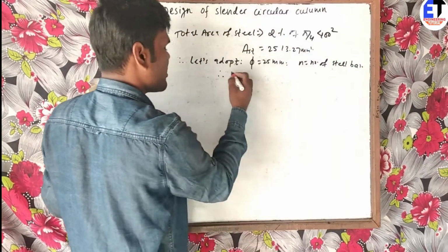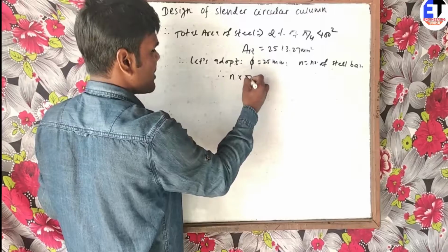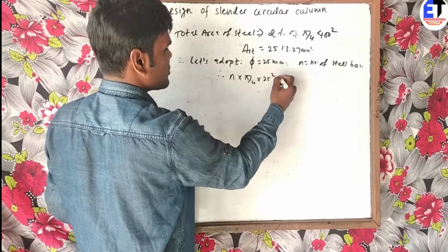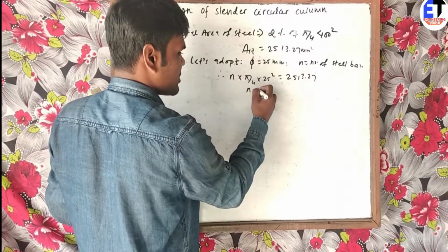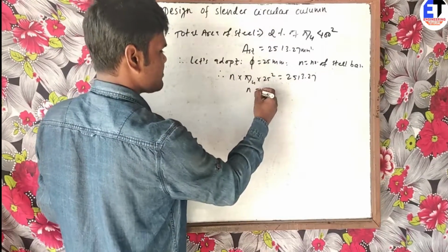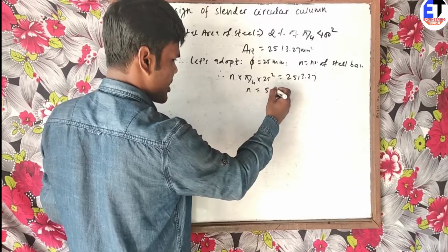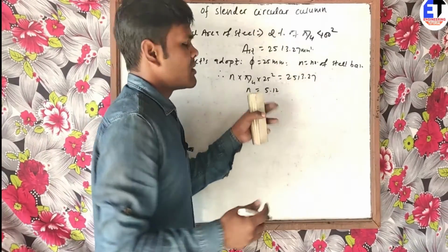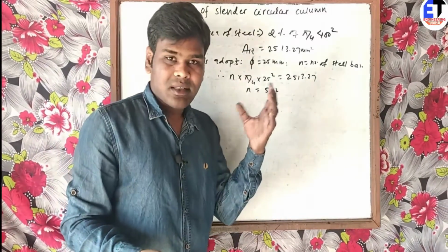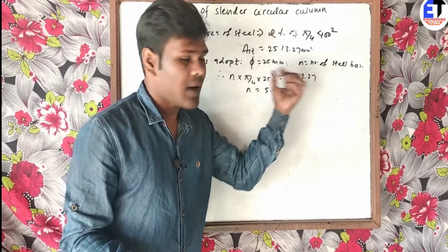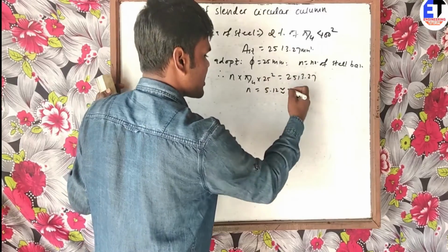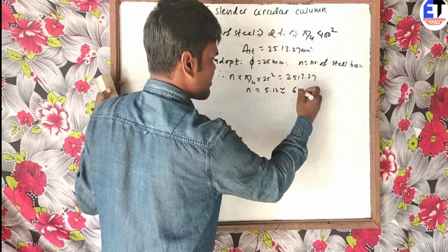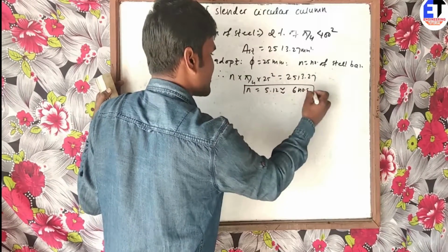So what is the value of n? Here we can calculate n. The area of steel divided by pi by 4 times 25 squared, which is 490.87. After calculating, the value of n is 5.12. We can't take a fractional number of steel bars, so we have to take 6 bars of diameter 25 mm.